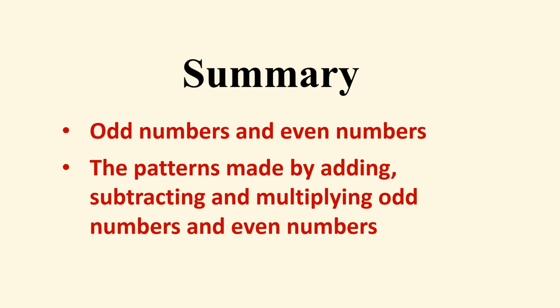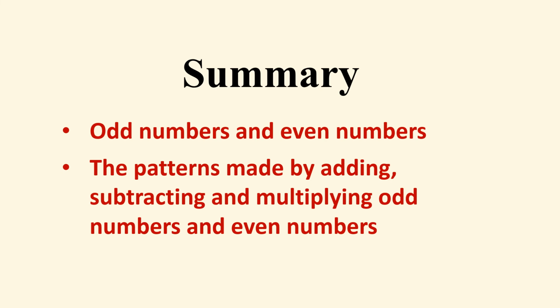There we discussed that when you add two odd numbers together or when you add two even numbers together, the result is an even number. When you add one odd number with another even number, the result is an odd number.